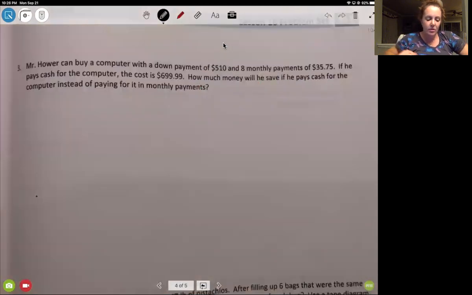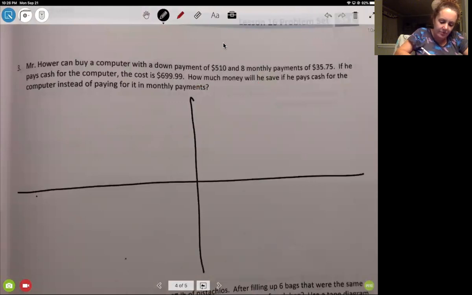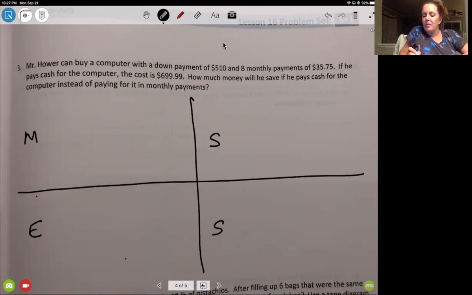All right, so looking at one more, just setting it up. We have Mr. Howard can buy a computer with a down payment of $510 and 8 monthly installments of $35.75.